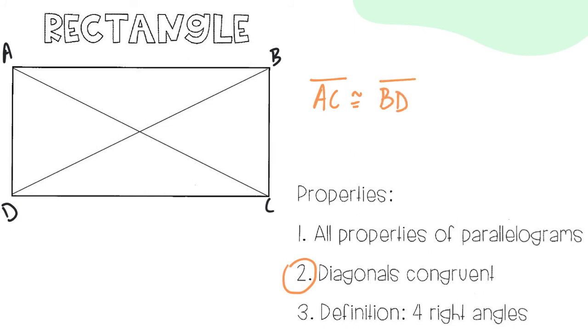And a lot of times the way that we show that would be to say that all of these pieces are congruent, but we know that because we know that these two diagonals are congruent to each other. And then we have 4 right angles.